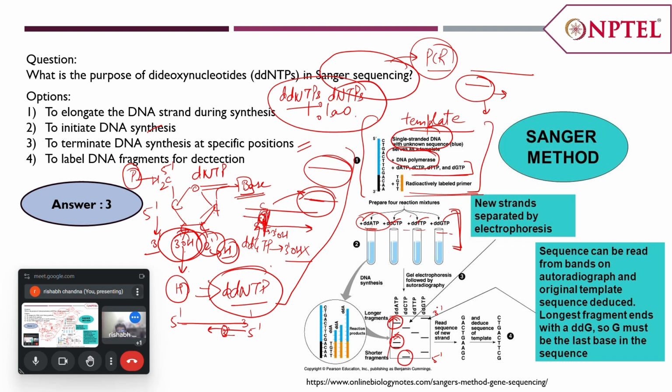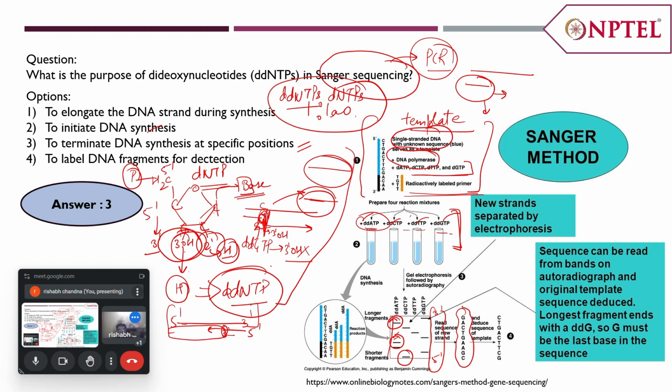And the sequence that we will get of this particular strand will be the complementary sequence, because remember that this is an extrapolation of the PCR technique. So the strand that we'll get is the sequence of the complementary strand of the original DNA strand. That sequence needs to be identified.